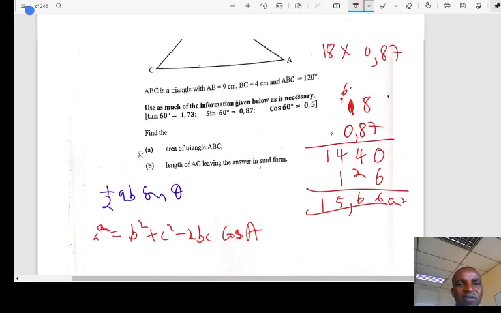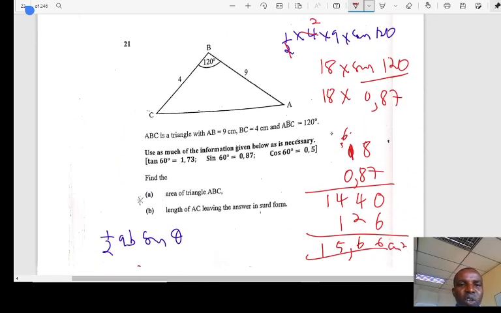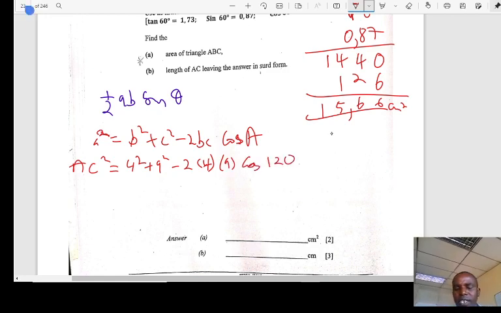The given angle is 120, and 4 and 9 are there, so you just use the cosine rule. a is the side you are looking for, so it will be AC. We say AC squared is equal to 4 squared plus 9 squared minus 2 times 4 times 9 times cos 120.